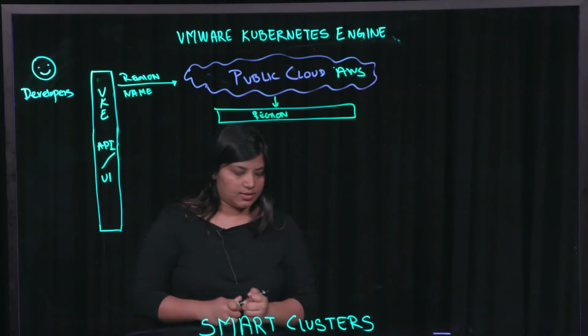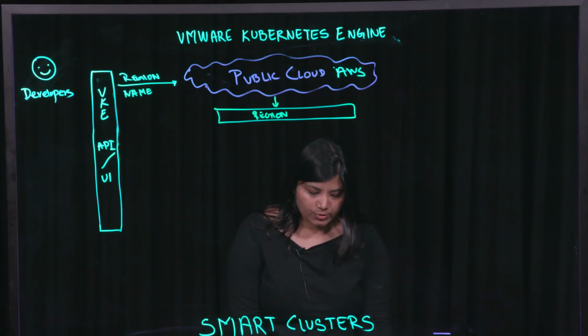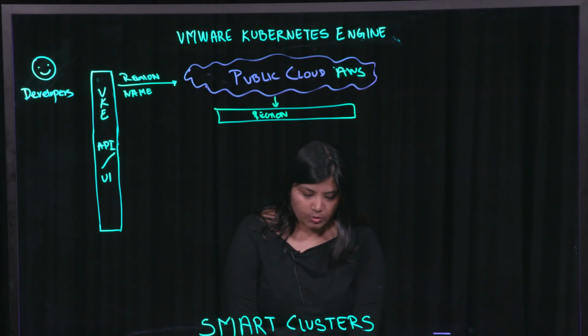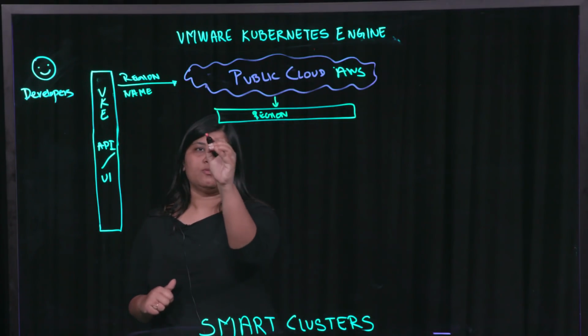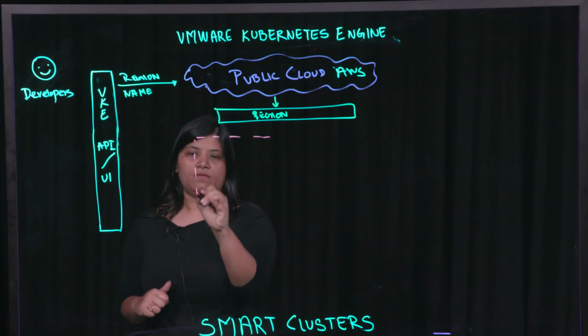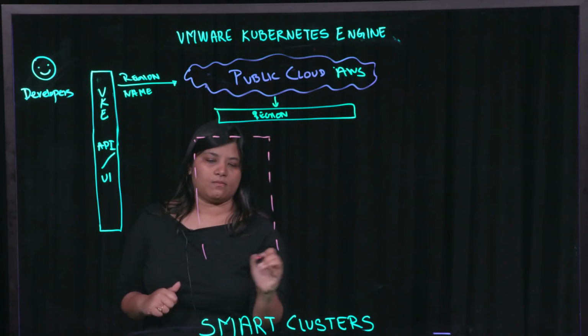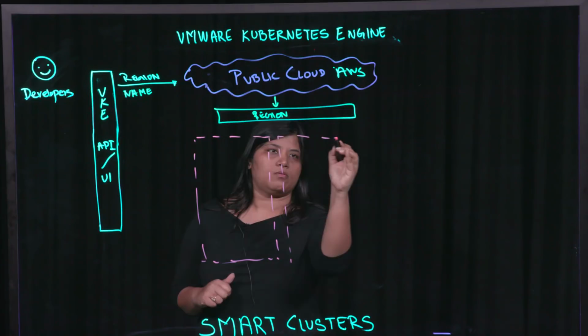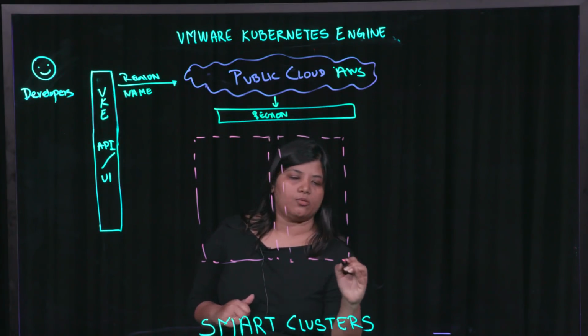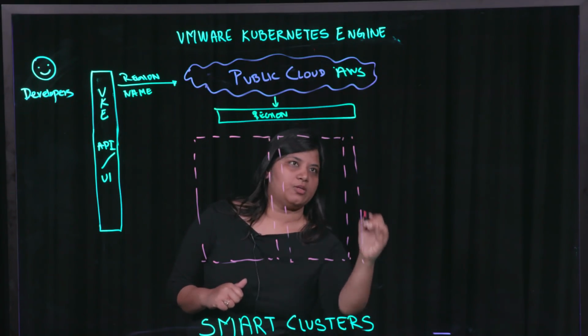The way it does this is every Kubernetes production cluster is deployed across multiple availability zones within that region. So let's say within that region, for that public cloud, we have 3 different availability zones.